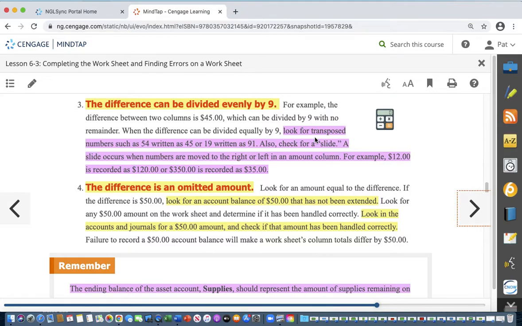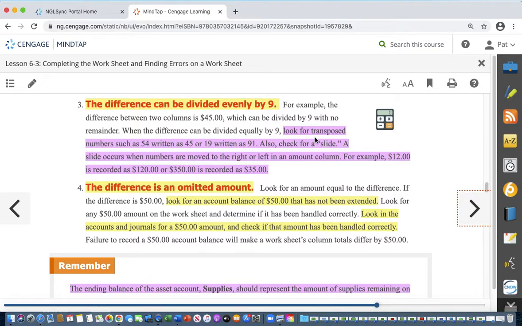So let's say instead of writing 153, I write 135. Having these numbers transposed, either way, that's just flip-flopping them. Okay? And then a slide would be, instead of writing $10.50, I wrote 105. You slid the decimal point. Now you can slide it either way.